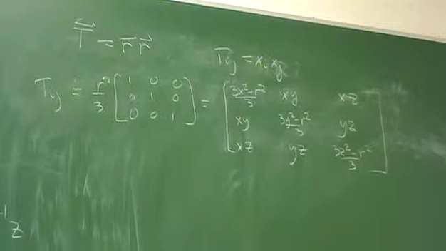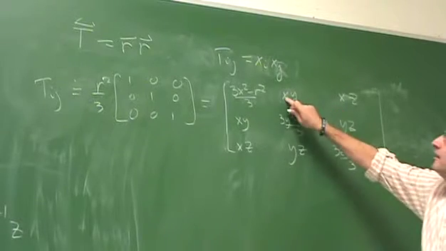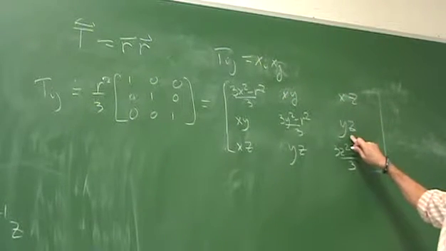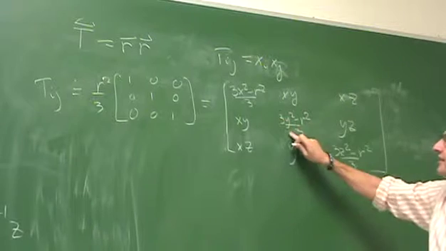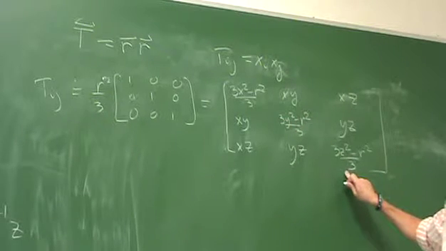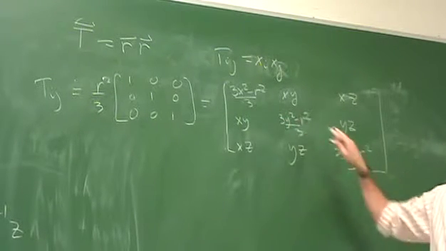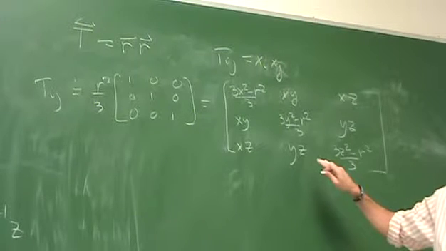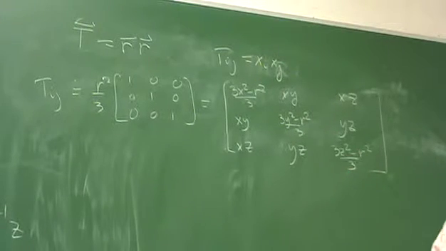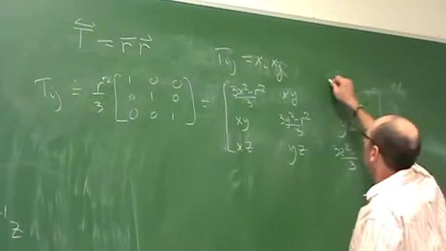Notice there are 5 independent numbers that specify this matrix. This number, this number, this number. Since this plus this equals 0, I only have to specify 2 of those numbers. And that gives 5 components.